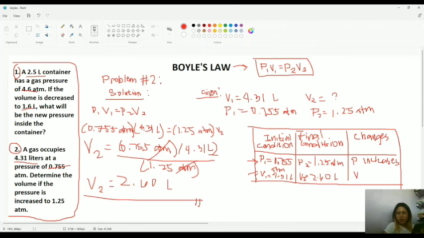Tapos bumaba siya sa 2.60. So, volume decreases. Since inversely proportional, ayan, increases yung pressure and yung volume decreases. Ayan, identify na natin yung changes. And yes, yung final volume, nakuha na rin natin. And okay, proceed tayo sa next law, which is Charles' law.